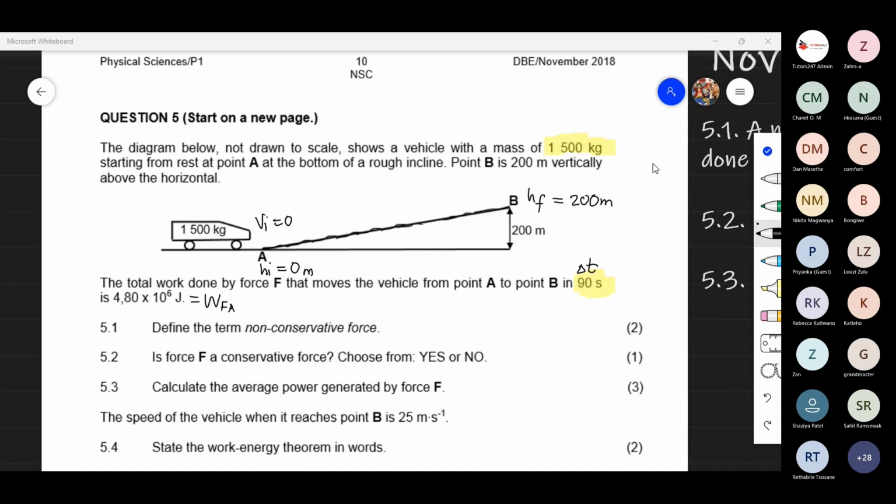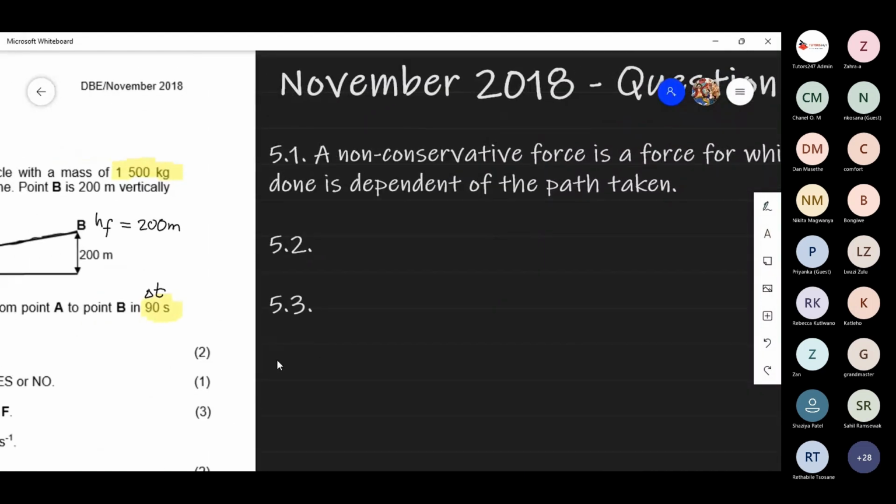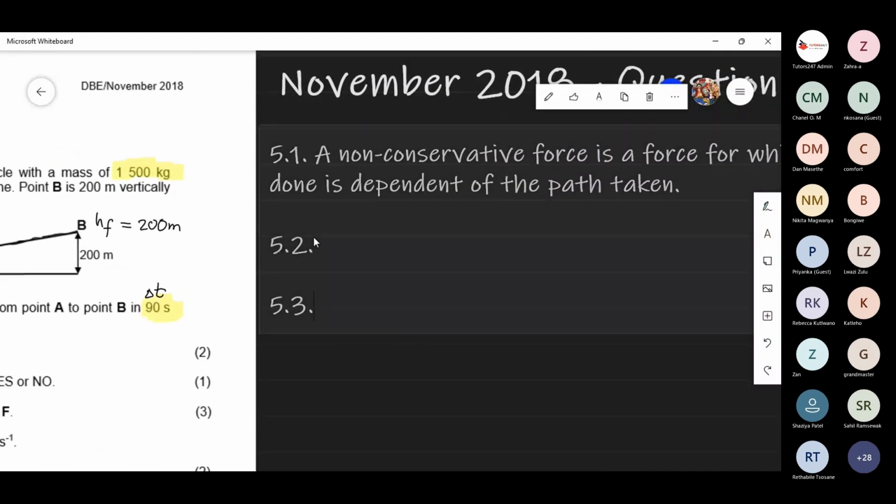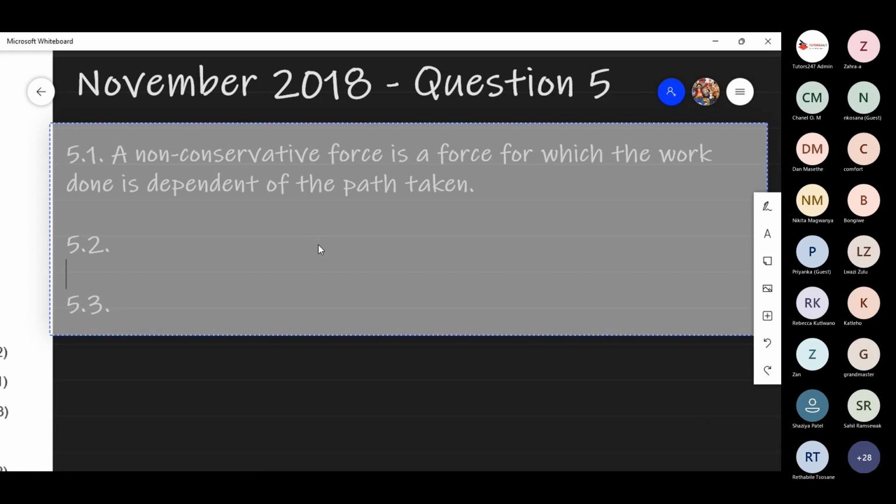This is actually a non-conservative force. So the answer to 5.2 is no. This is a non-conservative force. So all you need to do is say no, or you can say no, it is a non-conservative force.